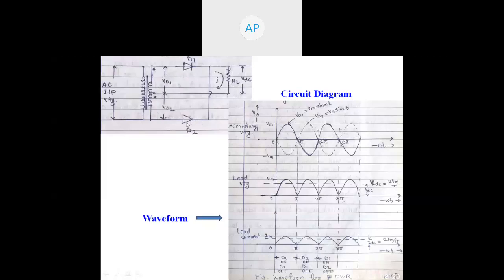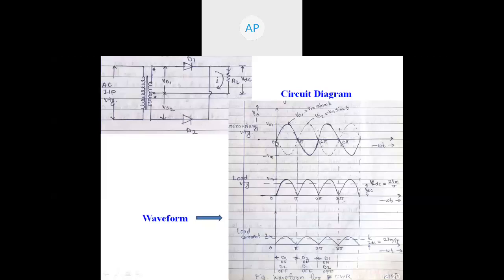As it is reverse biased, if we consider the diode ideal, it will be open. Therefore the voltage is not applied to the load here, and no current flows through diode D2 during the interval 0 to pi.